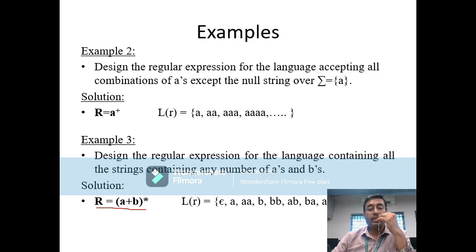By representing it like this, I can represent even a single a, then a single b, then a single a and a single b combined together, then a, and after that BB also. So for that, this is my regular expression, (a plus b) the whole star.